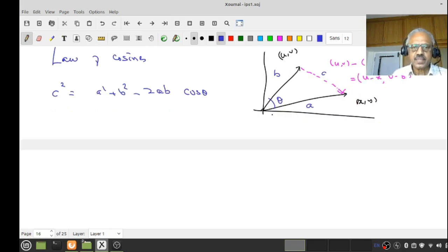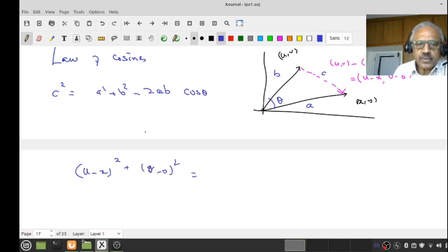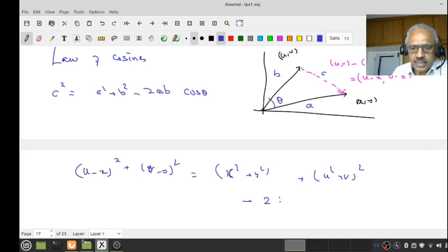Right. Now let's do that. What does that mean? This is u minus x, and what is the length of this vector? It is (u minus x) whole squared plus (v minus y) whole squared, equal to a squared, where a stands for the length of the vector, so x squared plus y squared, plus u squared plus v squared, minus 2 times the length of the vector.